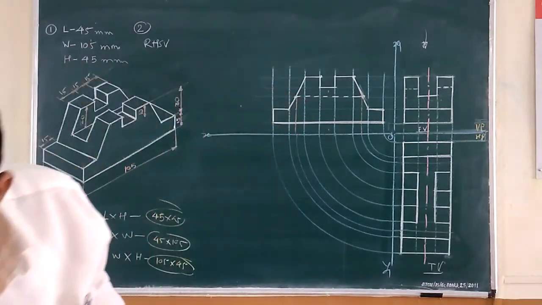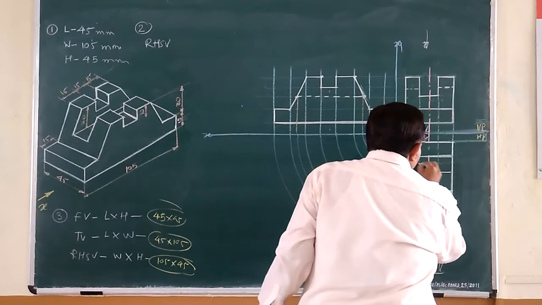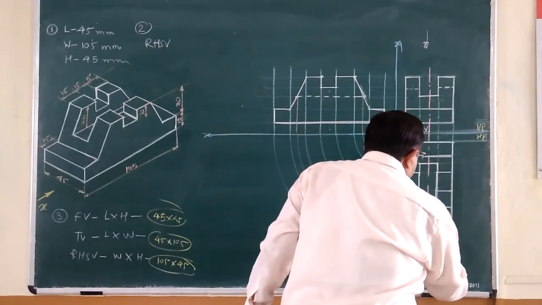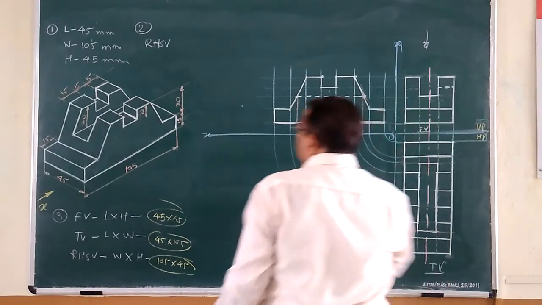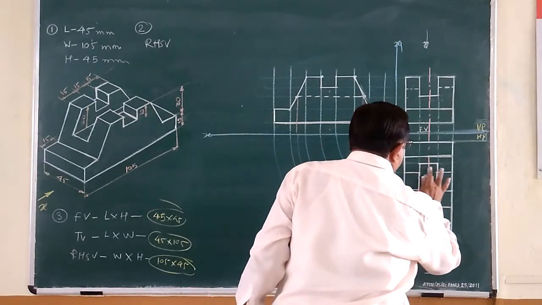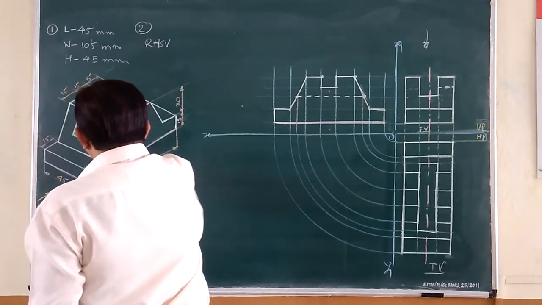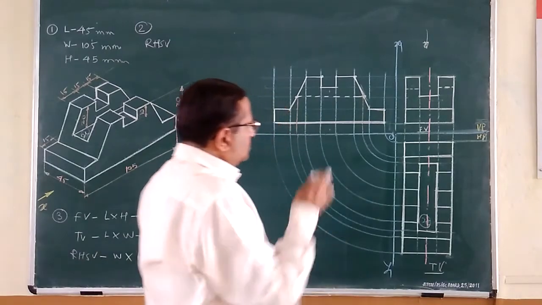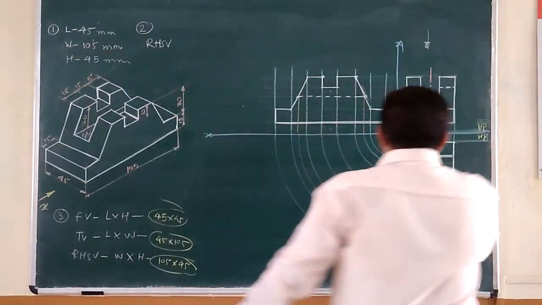Now this is nothing but its length, or width, we can say width of that slot base, this surface. So this is that surface. So this is X, then this is nothing but that X surface, entry surface. So in top view, it will appear like this. In right hand side, it will appear like this.